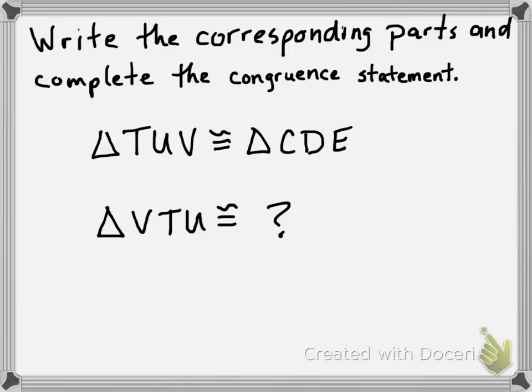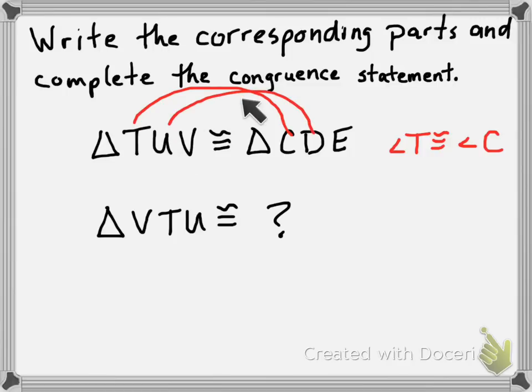Alright, so we're going to start with our corresponding parts. So this time I don't have the triangles to look at, but since I know these are congruent, I can use these relationships. I know that these first two letters are angles that are congruent. So angle T is congruent to angle C. Right? And then I know the same thing about the second two.